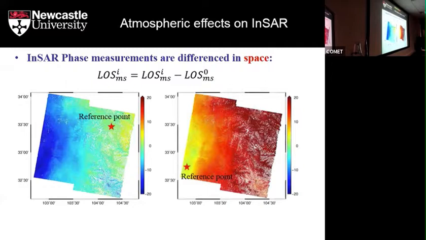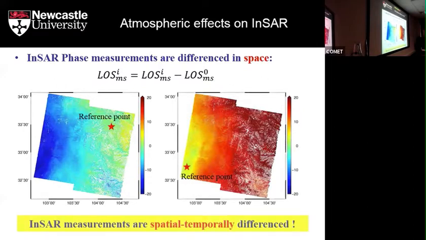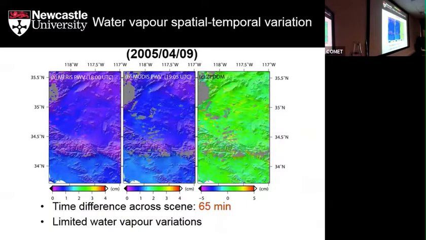To see how the water vapor can vary spatially and temporally, here are some examples from some models and MERIS data. They give very high resolution water vapor maps. The first map is MERIS water vapor map at 6 p.m. And the second is from models on the same day, but at 7 p.m. There are 65 minutes time difference.